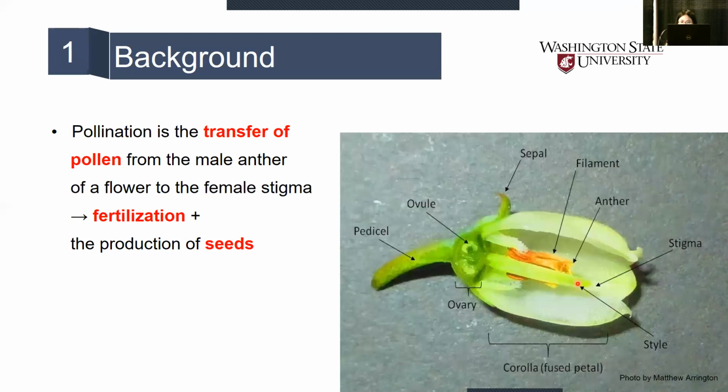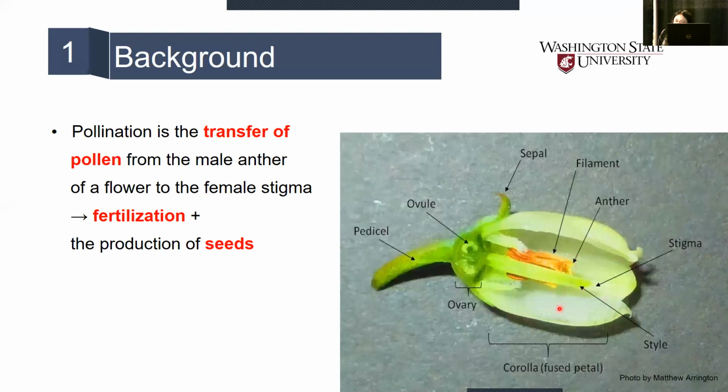And on the tip of the style is stigma, which is the female part of a flower and that will receive the pollen. And around this style, please look at this yellow part. They are filaments. And on the tip of the filament, there are anthers, which contain pollen grains.